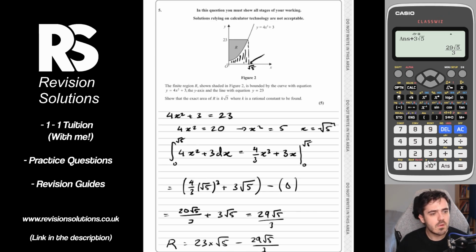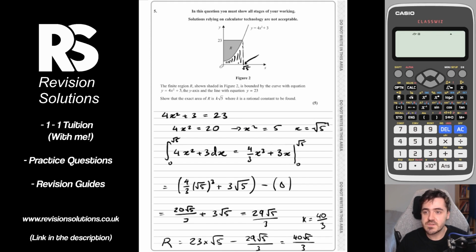So we're going to do 23 root 5, take away the answer from our integral, which is just going to leave us with 40 root 5 over 3. So k must just be 40 over 3.